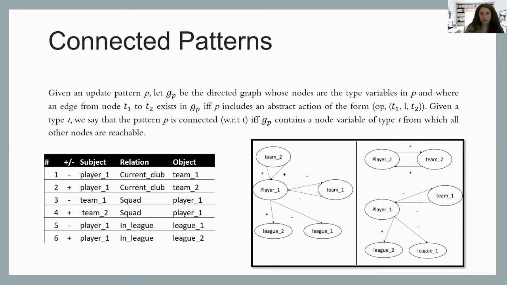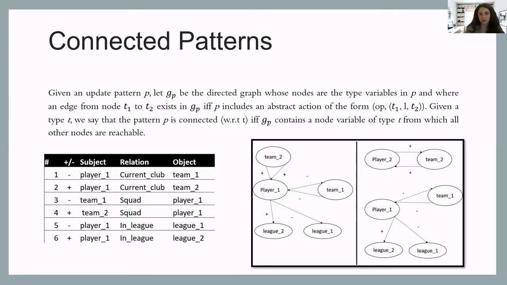Wikipedia is large and lots of things happen at the same time and they're not necessarily connected. So we have to ensure that our patterns are connected, so the patterns will be meaningful. We will have to make sure that the patterns that we look at are reachable from our starting point, which is the type that we get as an input.